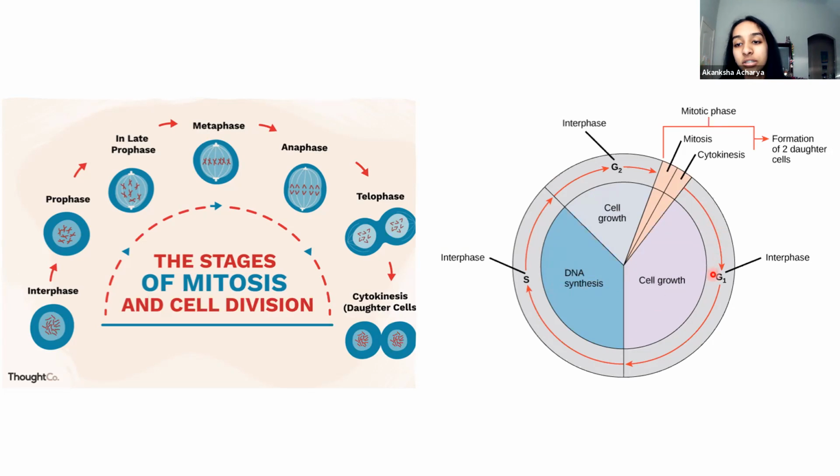So we have G1, S, G2. This takes up most of the cell cycle. If you pick a random cell, odds are it is in interphase, because this is like 90%, I think, of the time that the cell spends. And then there is a small mitosis, which is the division of the nucleus.